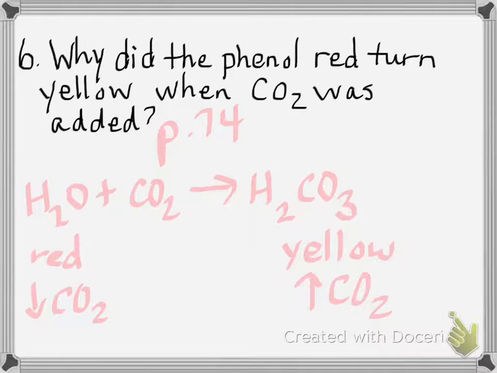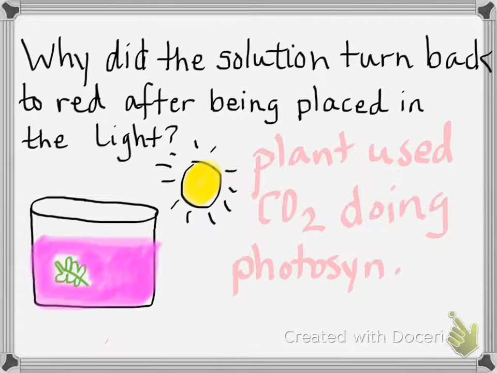Okay, and then James said it should have gone back to red because in the window, what would the plant have been doing? Photosynthesis. And what gas does a plant need to do photosynthesis? CO2. So the plant went back, the water went back to pink because the plant used up all the CO2 doing photosynthesis.